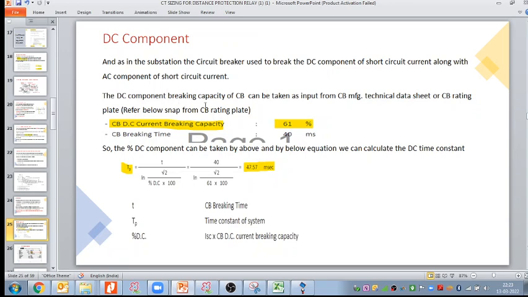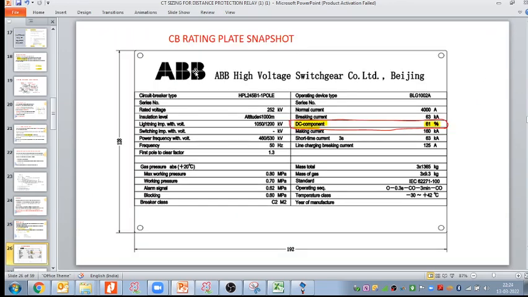The DC component breaking capacity of the circuit breaker can be taken as input from the circuit breaker manufacturer's technical data sheet or circuit breaker rating plate. We can see here, this is my ABB high voltage rating plate, and on this rating plate we have all this information.